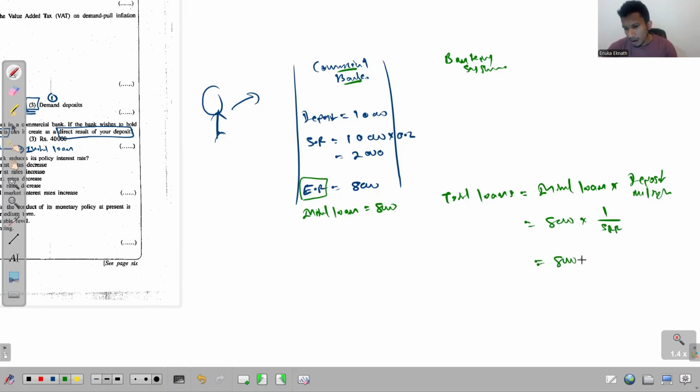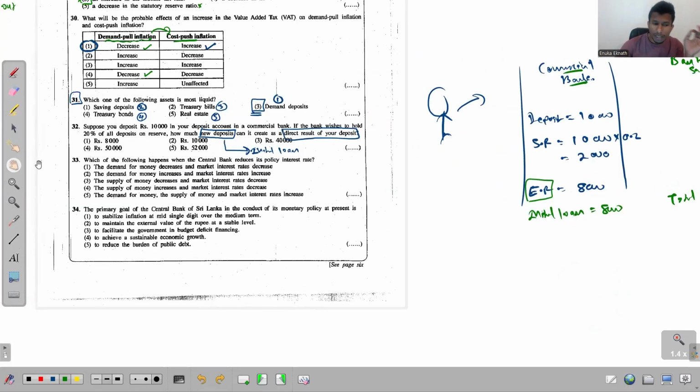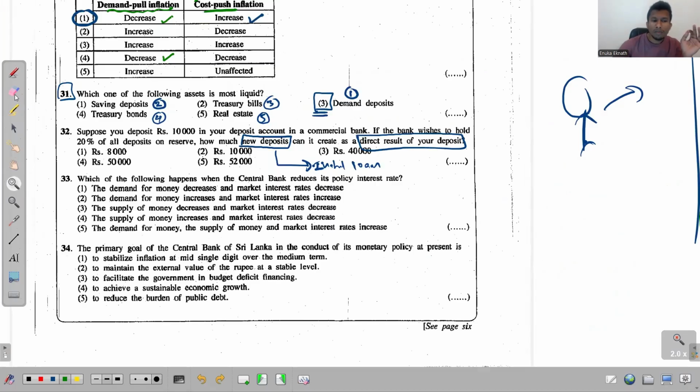That is 8,000 into 1 over 0.2. So 1 over 0.2 is just 5. So 8,000 into 5 gives us 40,000, right? So this initial loan creates a total amount of 40,000. All right, now we will go to the question again and read this one more time.